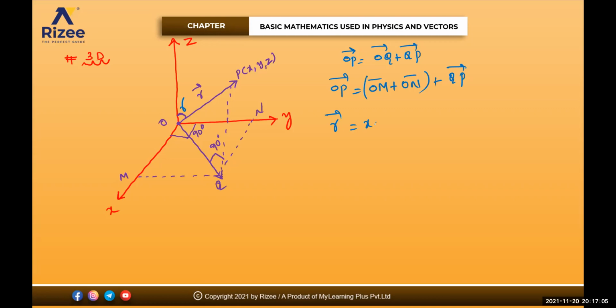O to M is your x i cap. O to N is your y j cap. And Q to P is your z k cap. If it is becoming complicated, just remember that in X, Y, Z coordinates, the position vector is represented by x i cap plus y j cap plus z k cap. Clear?